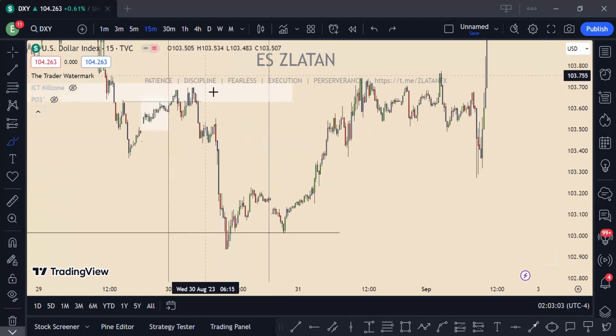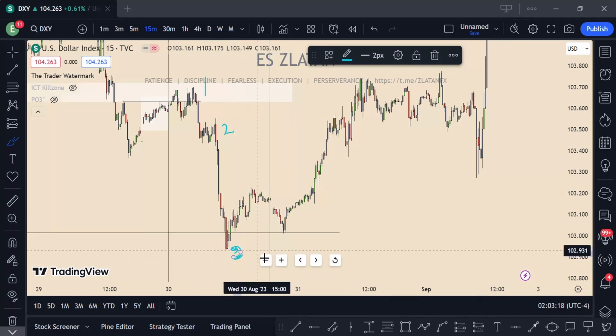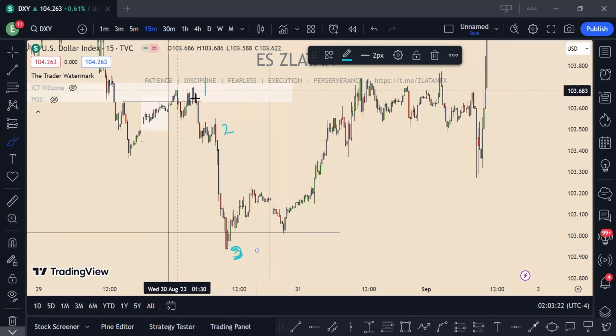So you have either cut this or this or this. So 1, 2, 3, turtle soup forming the high of the day.